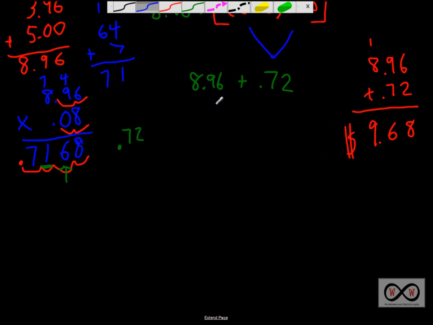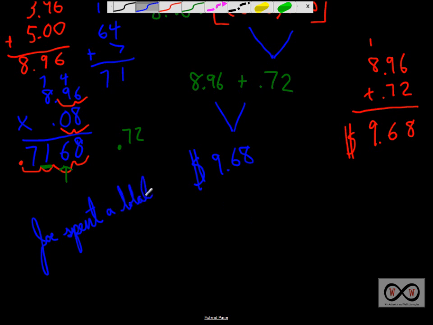Okay, but anyhow, so we've got those two added together, giving us a grand total of $9.68. So if we wanted to turn that into a sentence, Joe spent a total of $9.68.